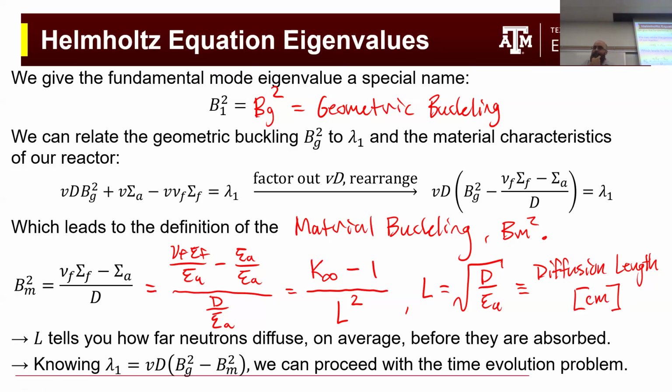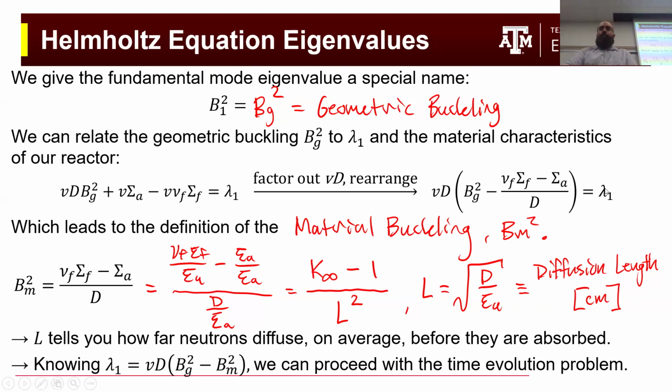And physically, what that represents is on average how far a neutron would diffuse before it gets absorbed. So it is almost like a mean free path in what the definition physically is, except instead of how far the neutron goes before a collision, it tells you how far the neutrons diffuse before they get absorbed.